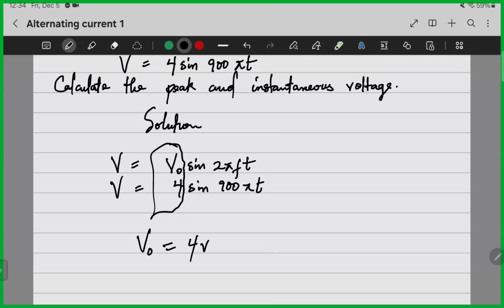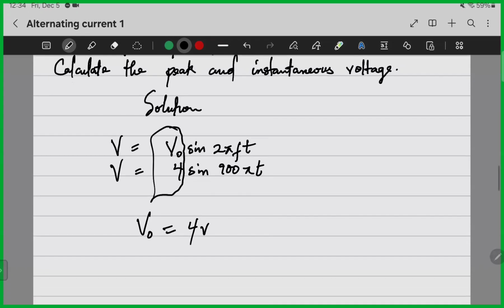Then we can compare and say 2 pi ft equal to 900 pi t.